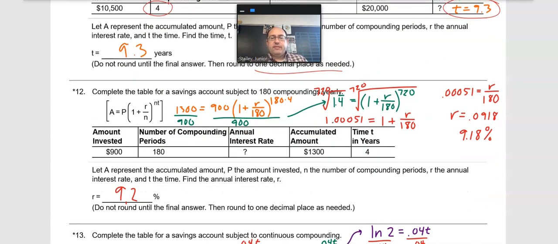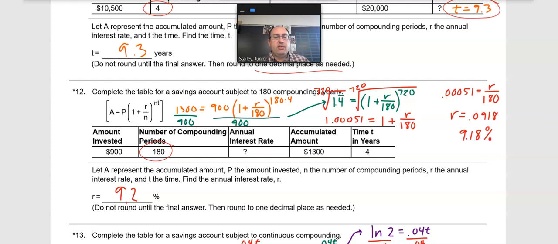Question 12. This one starts out similar, but it is different, okay? This time they gave me the time, but they're asking me to find the interest rate. So we have 180 times a year. That's every other day, pretty much, okay?